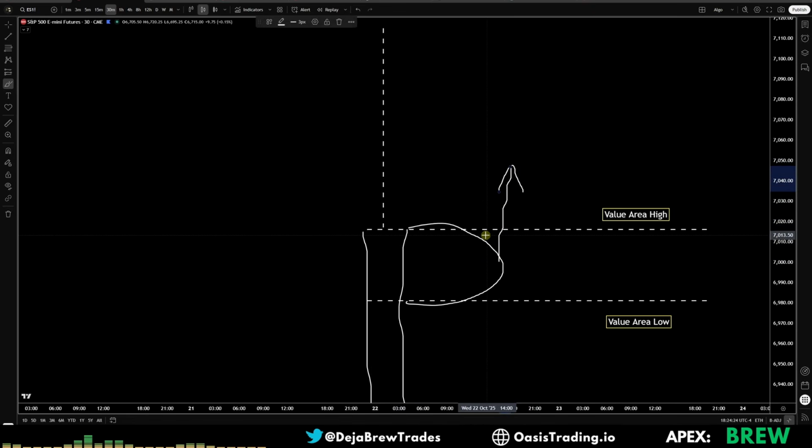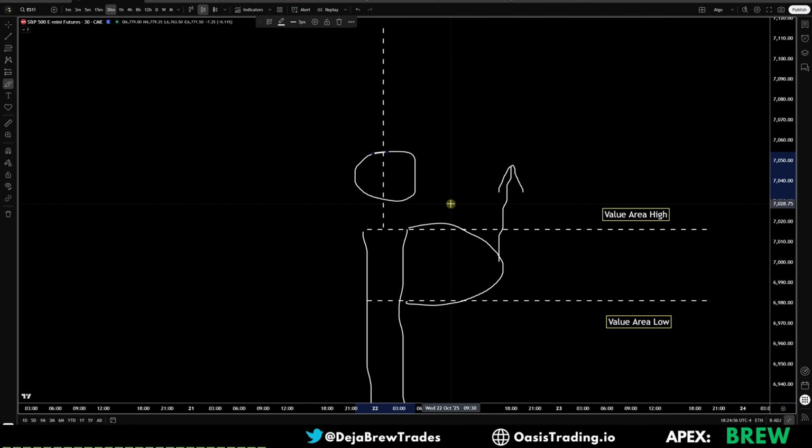If we are breaking out of the value area high, we need to immediately start to find higher value. We need to build up that value area. We need to build up that value outside of the value area high, obviously above it, inside of the upper tail. That's the first thing we would have to do. We would have to find value outside of value, accepting higher value, right?